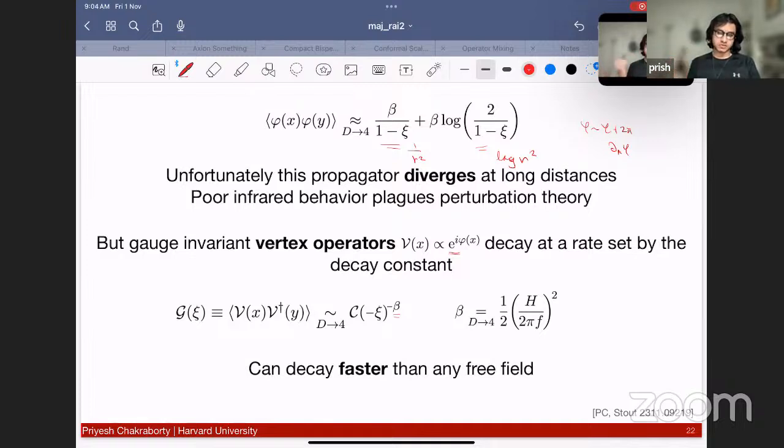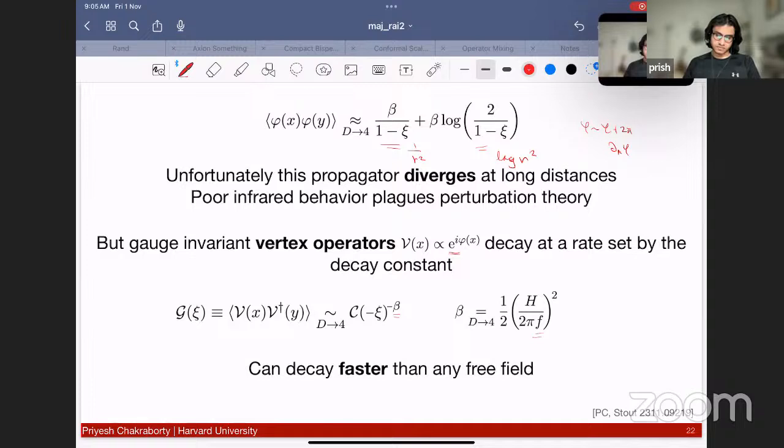You have to work with these gauge invariant operators, and the behavior in the infrared, even in the massless limit, is not set by the mass or anything at all. It's only set by this important ratio, because now you have this other scale F, which has to enter physics in some way. So it makes sense that the ratio of Hubble over F would show up in this way.